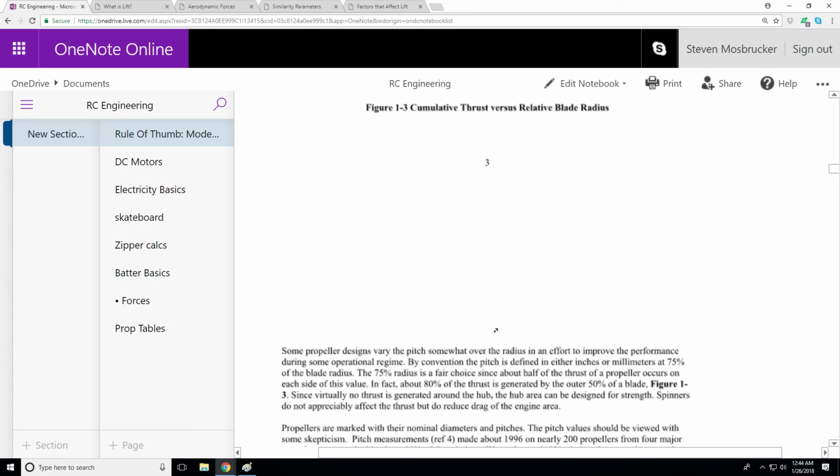What kind of propeller do I need, what type of pitch, what kind of diameter, what type of motor do I need, match the motor, maximize motor efficiency.